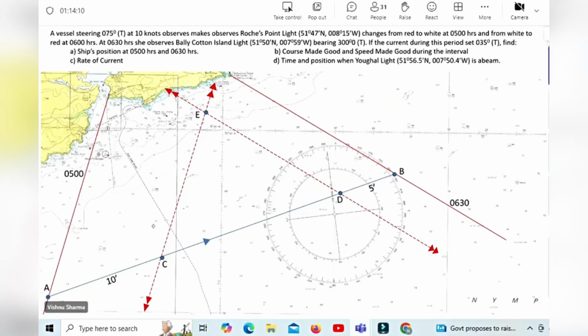Then how do we get F? Current segment represented by 3 arrows. How do we get G? How do we get H?